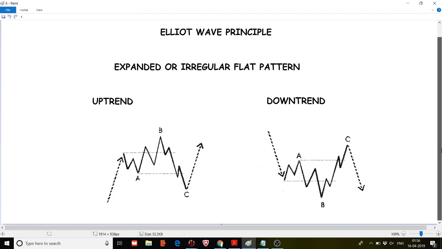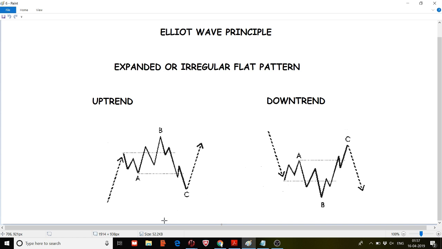So the flat or expanded flat pattern will look like this. If you know the head and shoulder like pattern, roughly it will be equal to that. See, technical analysis is almost the same either way. At some point of time you will get similar kinds of structures in technical analysis.